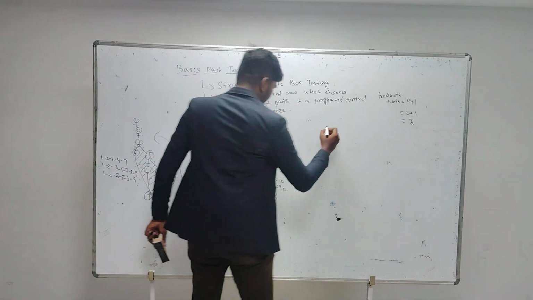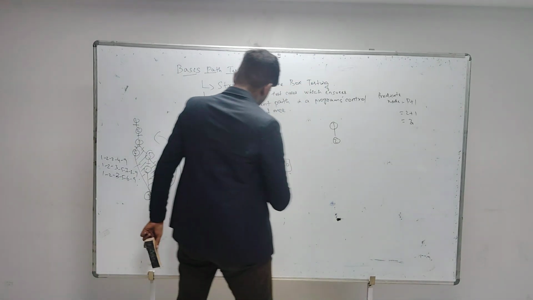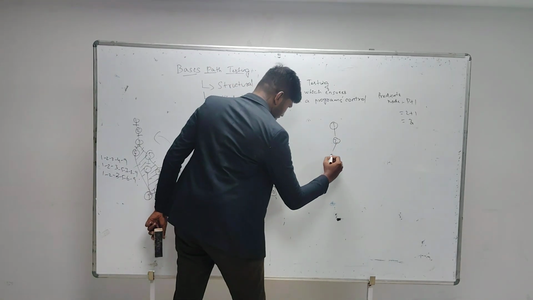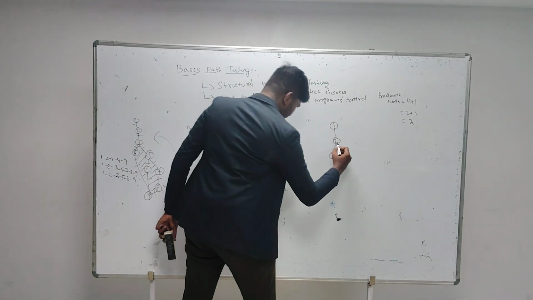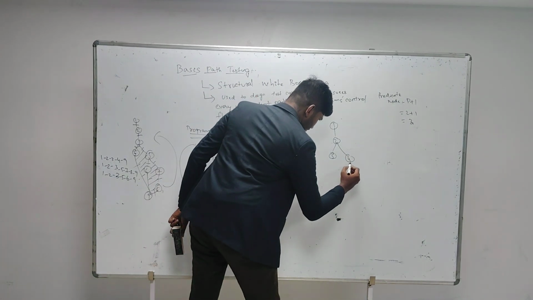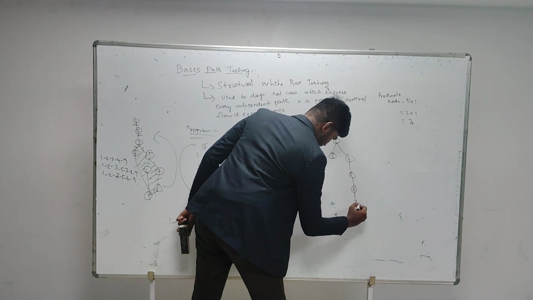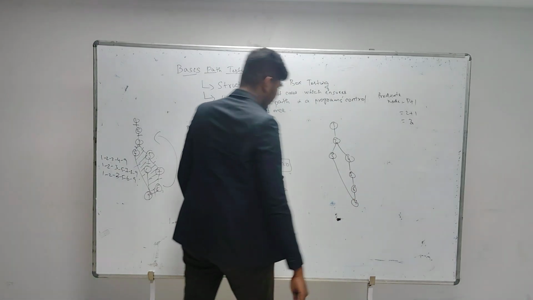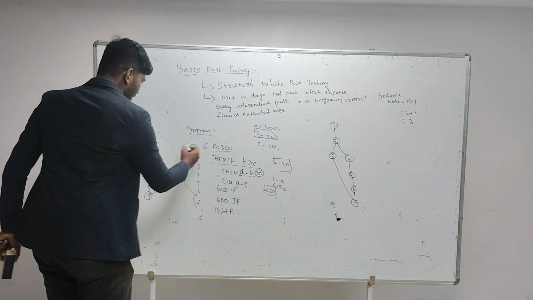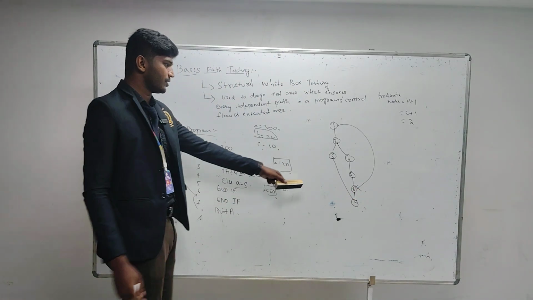First line, then the if condition, then if B is greater than C. Then this condition, else this condition, and the seventh one. If this condition is false, it directly goes to this statement, so it jumps to this part.